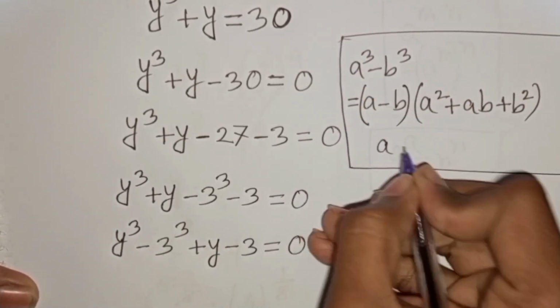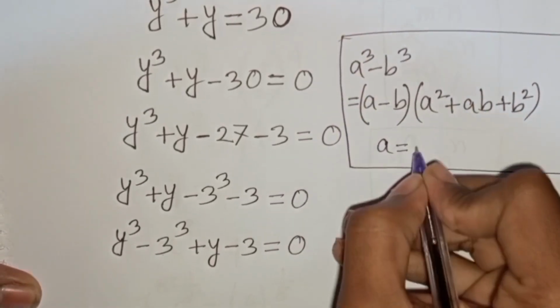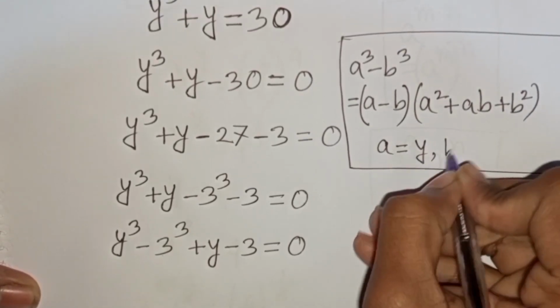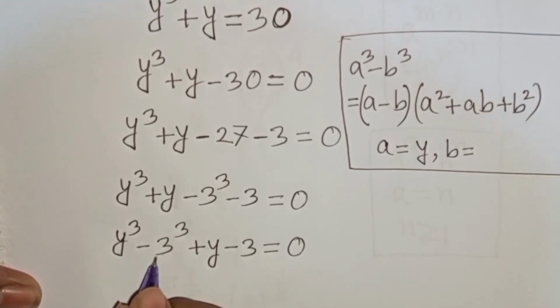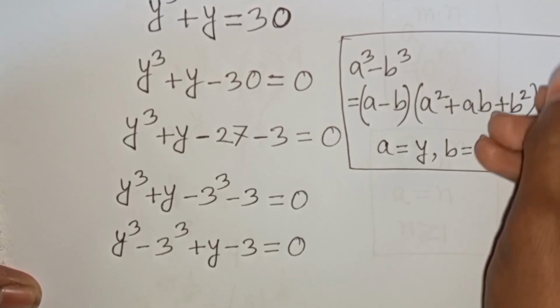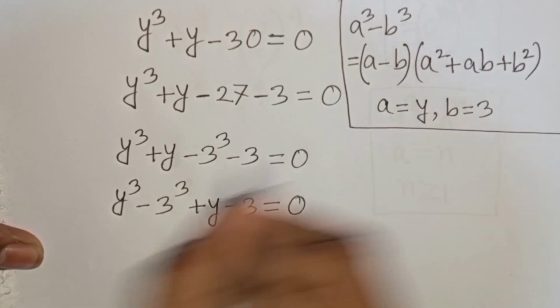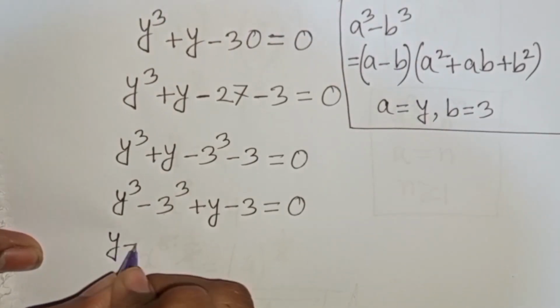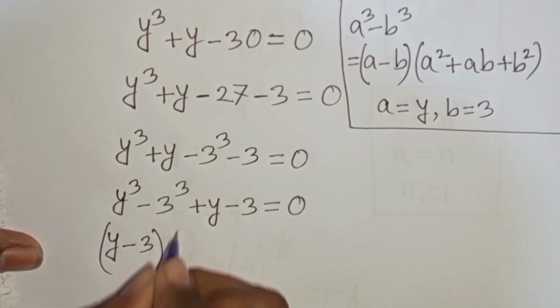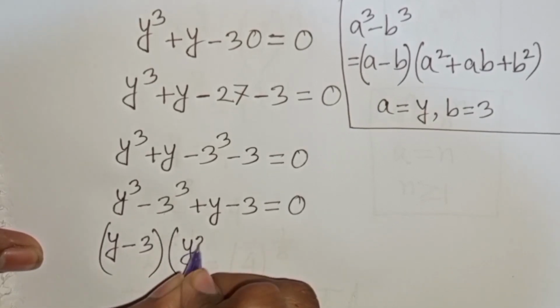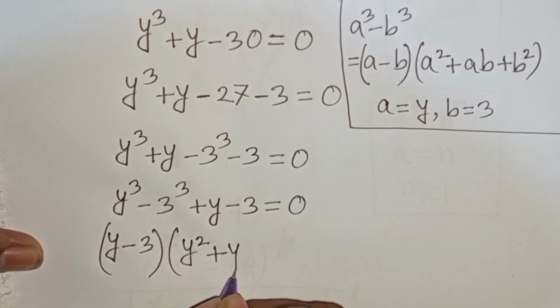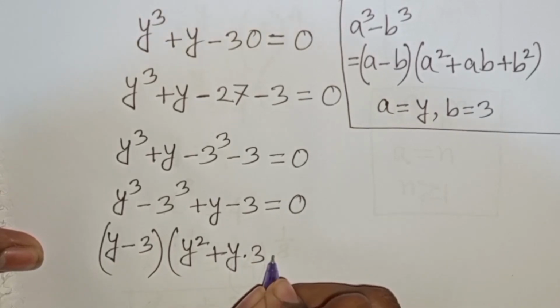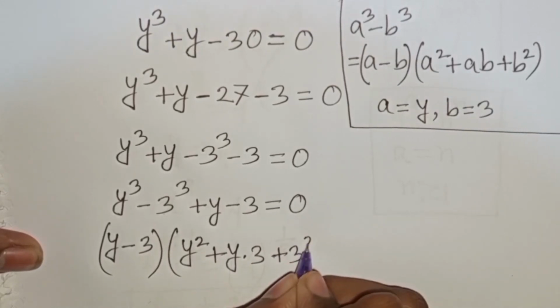So I can write here y minus 3 times y square plus y times 3 plus 3 square.